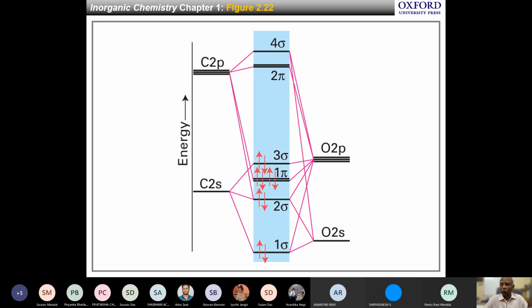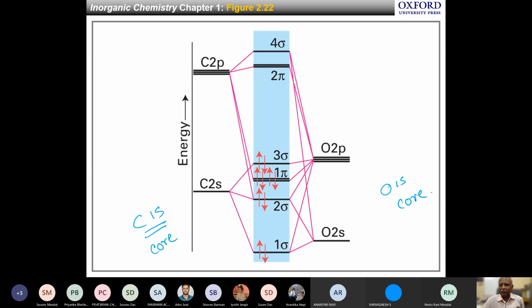And we have not included in this figure, which is taken from Shriver, Atkins, and Langford, the core orbitals. The oxygen 1s and the carbon 1s are the core orbitals, which means they are not significantly involved in bonding. So we are not going to consider them in the molecular orbital picture that we are drawing here.